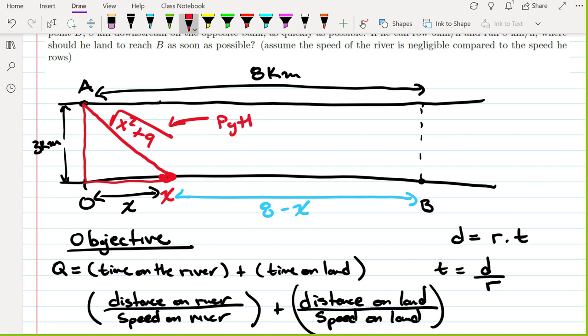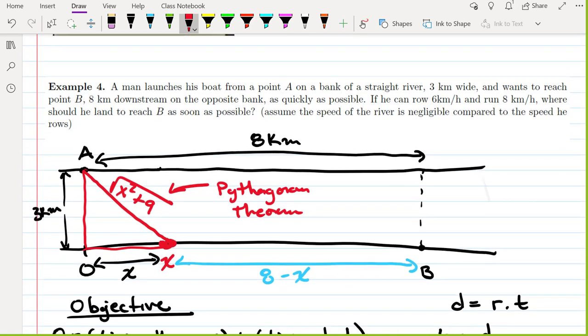And that's our Pythagorean theorem. So now his distance on the river is going to be the square root of x squared plus 9. And his distance on land is going to be 8 minus x.